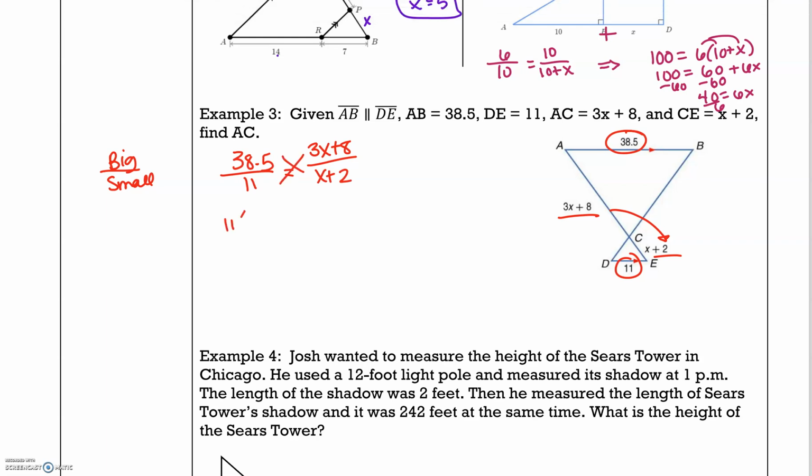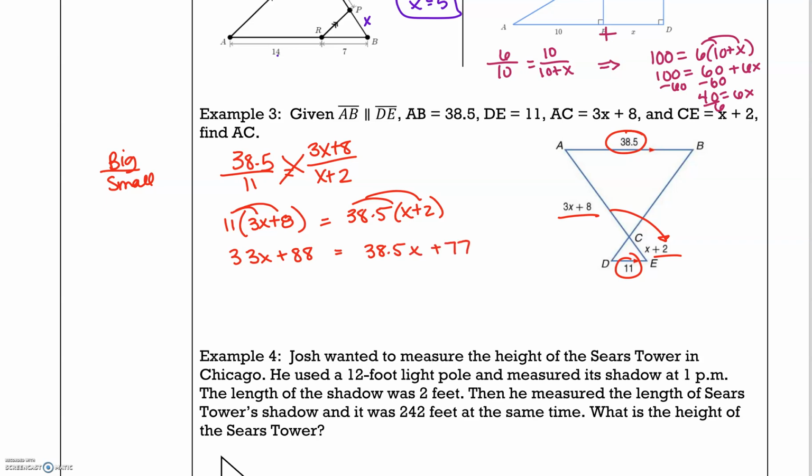And we've got some distributing that's going to happen here for both. 33x plus 88 is equal to 38.5x plus 77.